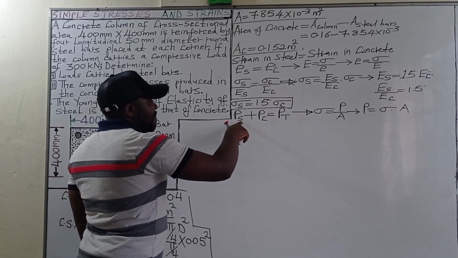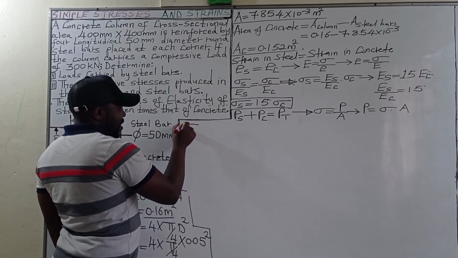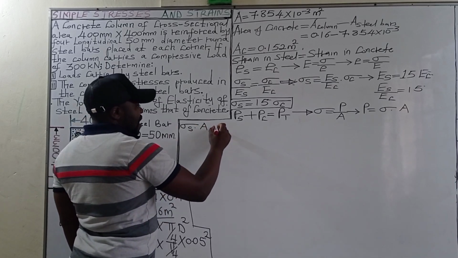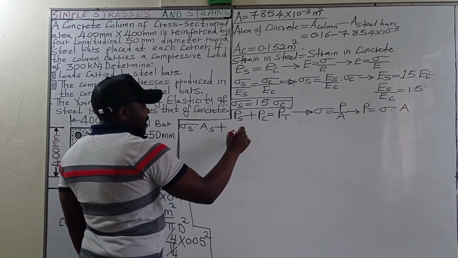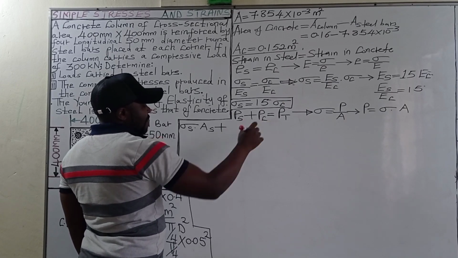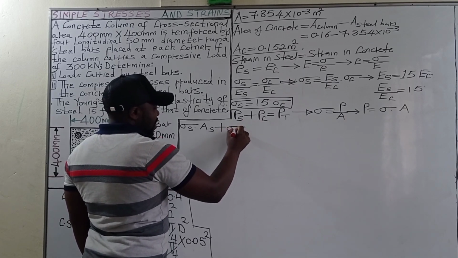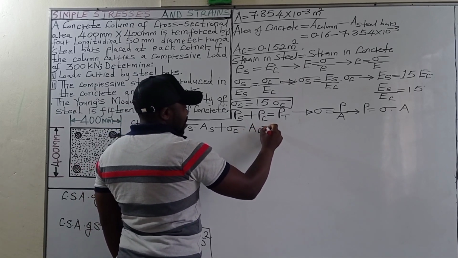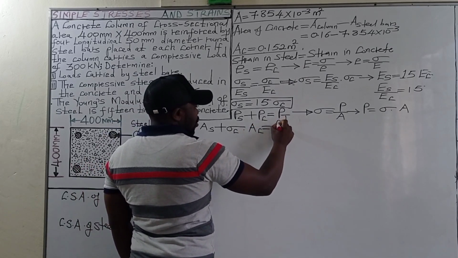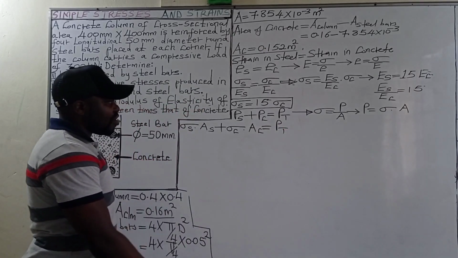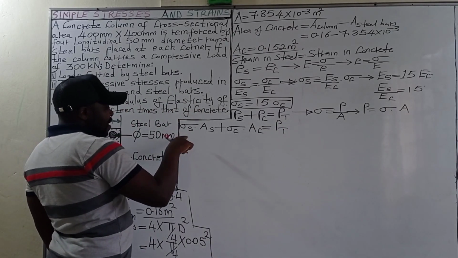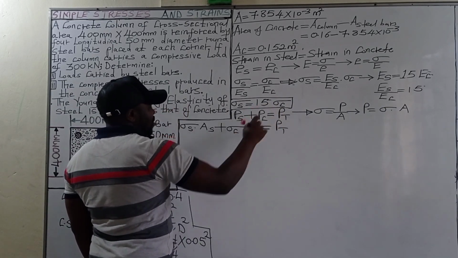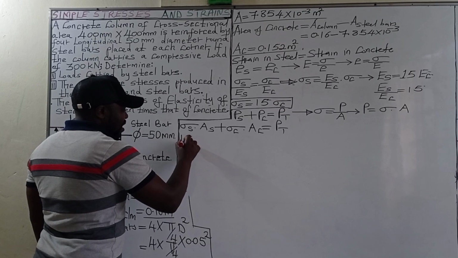So the load shared by steel bars will be given by stress in steel bars times cross-sectional area of steel bars, plus the load shared by concrete, which will be stress in concrete times cross-sectional area of concrete, which will be equal to the total load subjected onto this column. And stress in steel is 15 times stress in concrete. Therefore, we substitute it there.